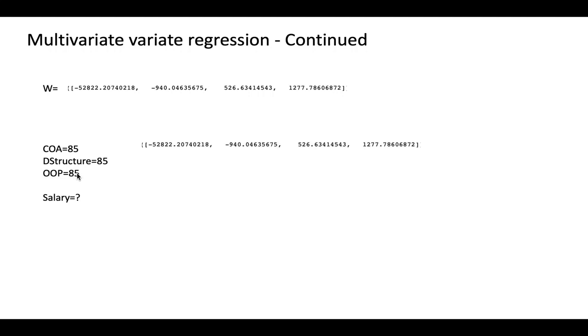So now if you are provided with a student who has got COA, computer organization and architecture, 85, data structures 85, and object oriented programming 85, and you have to predict the salary, you would take these weights and multiply with the marks and put a 1 for the intercept, which going forward we will term as the bias term. And here you get the predicted salary.